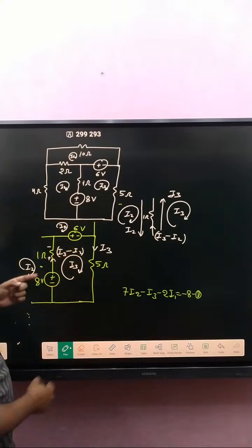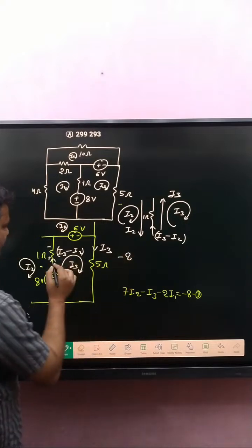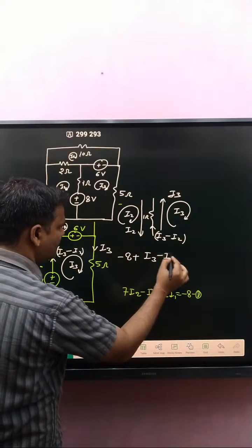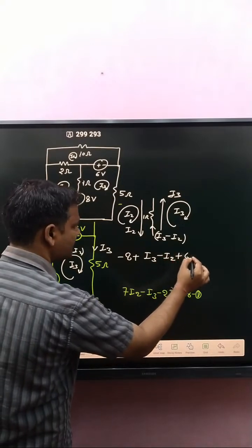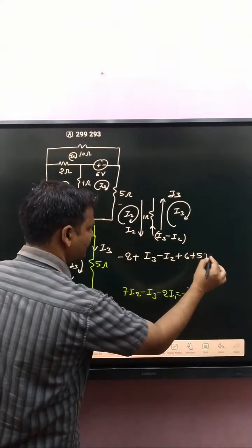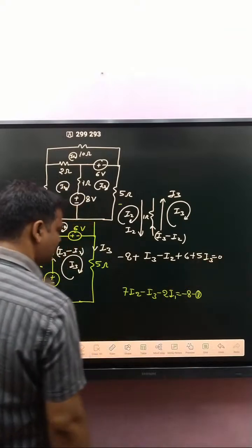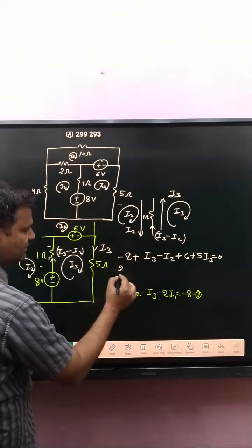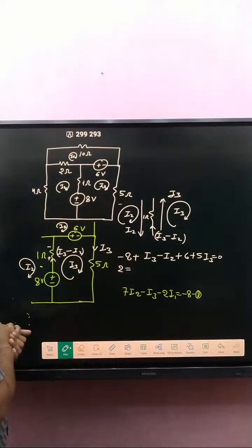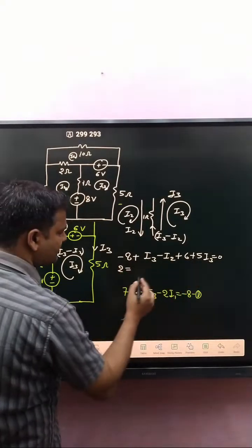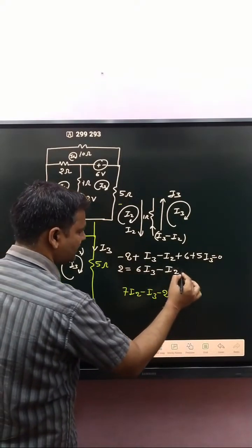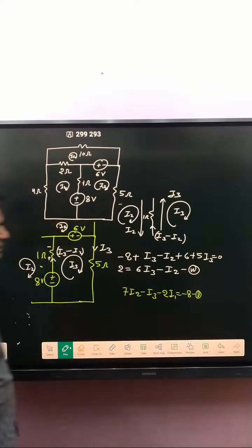Then we got minus 2 plus minus 8 plus (I3 minus I2) plus 6 plus 5 into I3 is equal to 0. After that, 2 is equal to 6I3 minus I2, that is equation number 2.